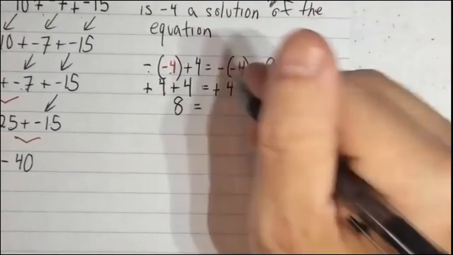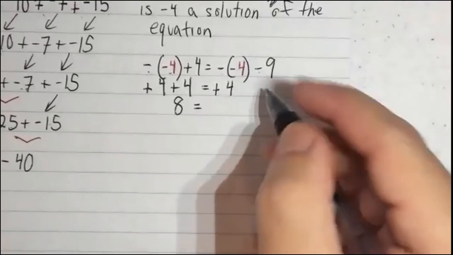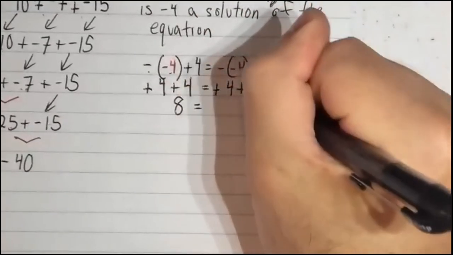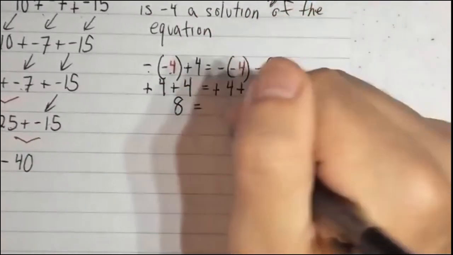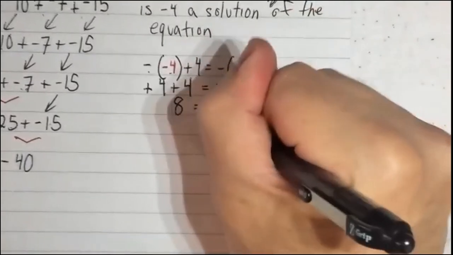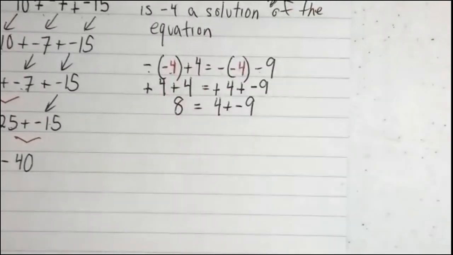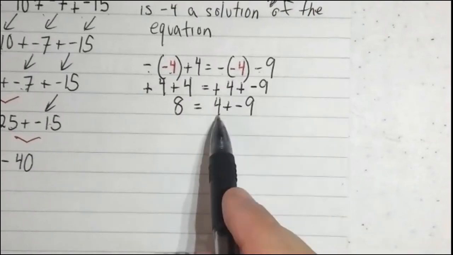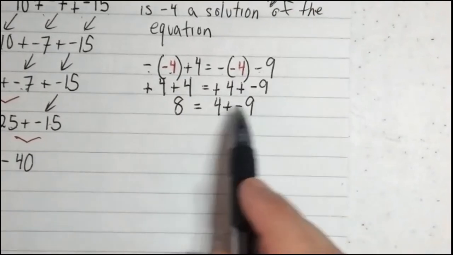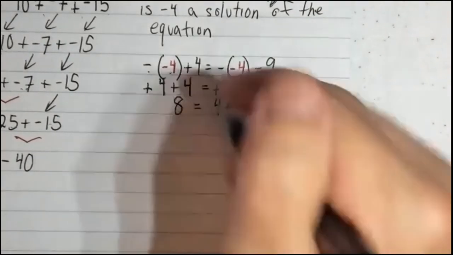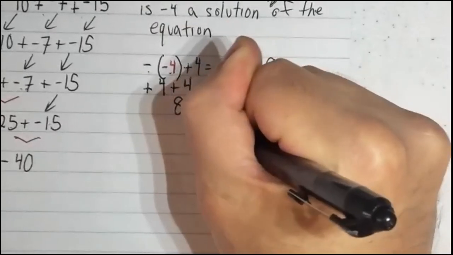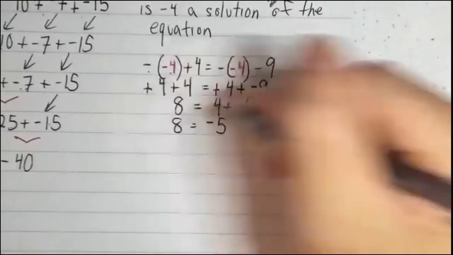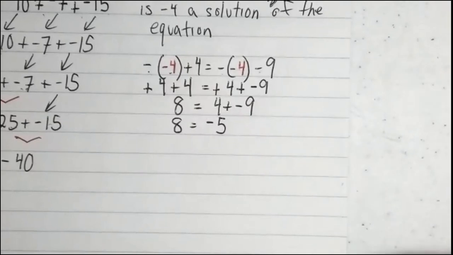Then you'll see a minus 9, which means we change that subtraction sign to a plus a negative 9. If we clean this up a little bit, on this side we're doing 4 plus negative 9. Signs are different, so we subtract 9 from 4, which gives me 5, and I make it negative. They're asking, does 8 equal negative 5?